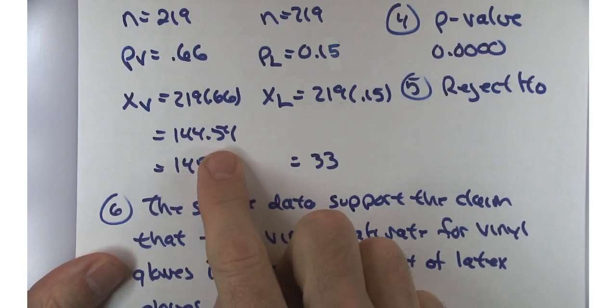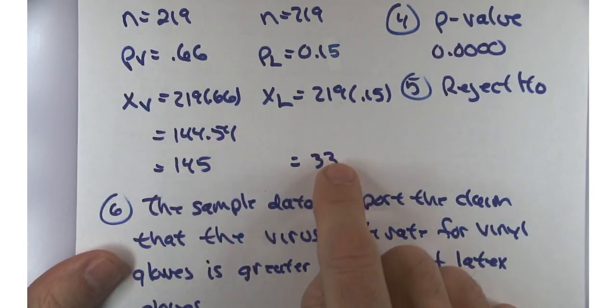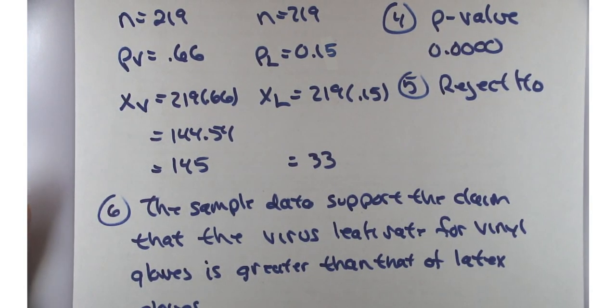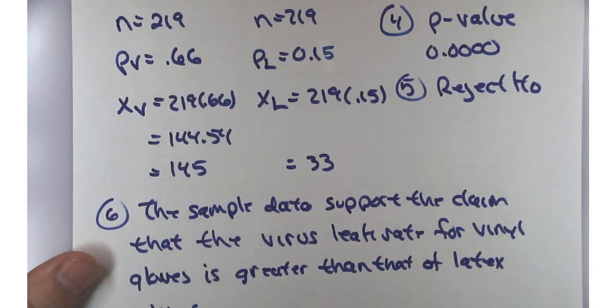So in this case, the nearest integer was 45. In this case, I think we rounded up again. I don't remember the exact number, 32.89 or something like that. So we're just rounding to the nearest integer. If it was 32.1, you'd round down to 32, correct. 33.2, you'd round to the nearest integer, which would be 33.